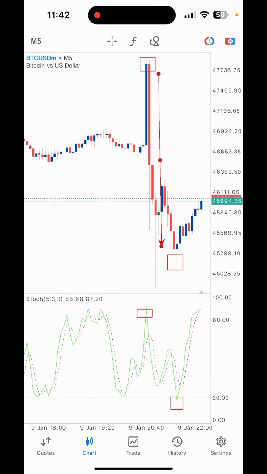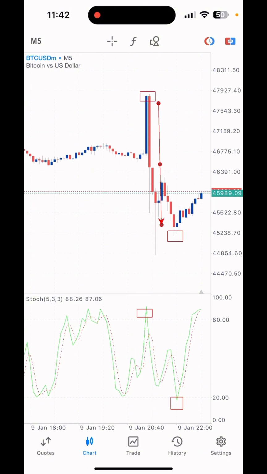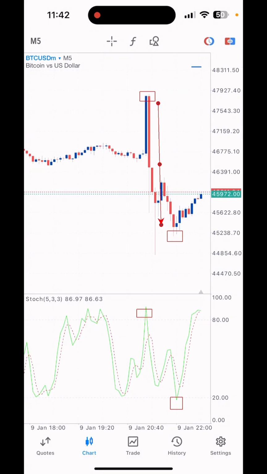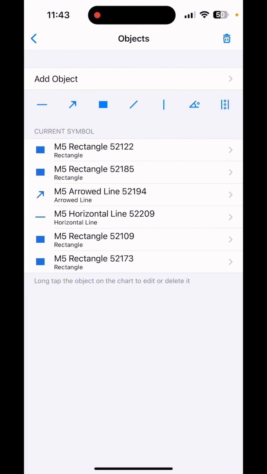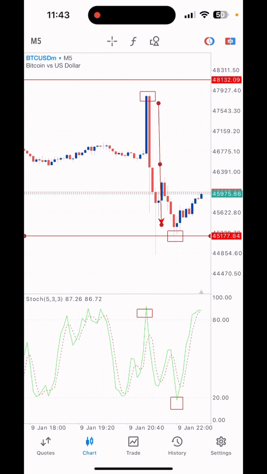So if you had entered a trade, immediately you noticed it had touched 80 and above, you entered a sell. From here, you put your stop loss just a little bit above here. Then you put your take profit, let's say here. You would have closed in profit. Now, this is the second back testing we are doing, and it has actually worked.